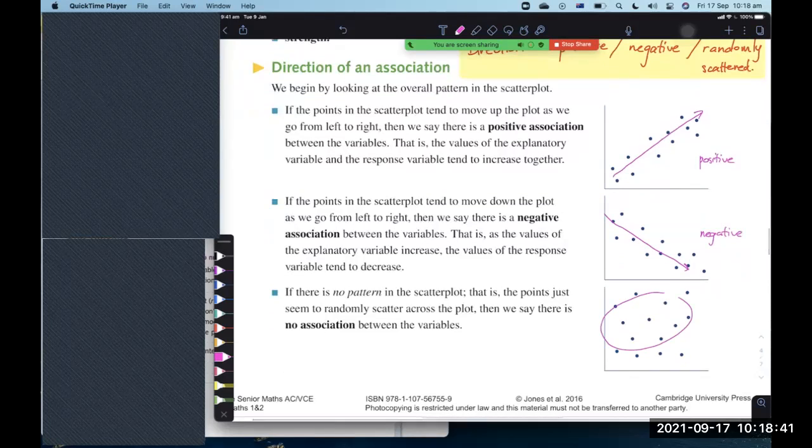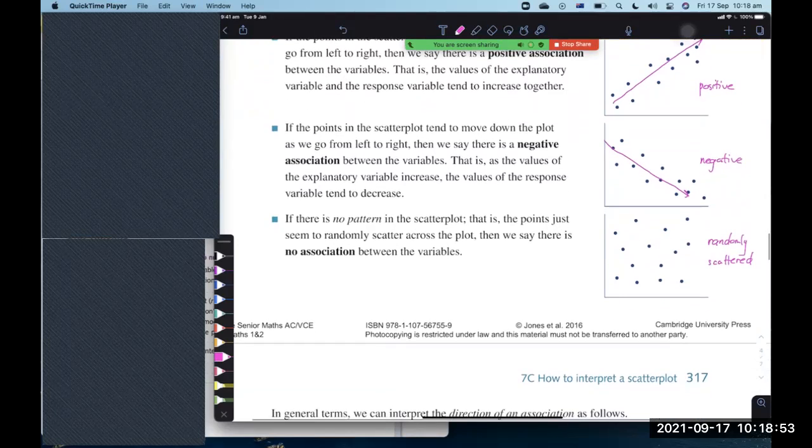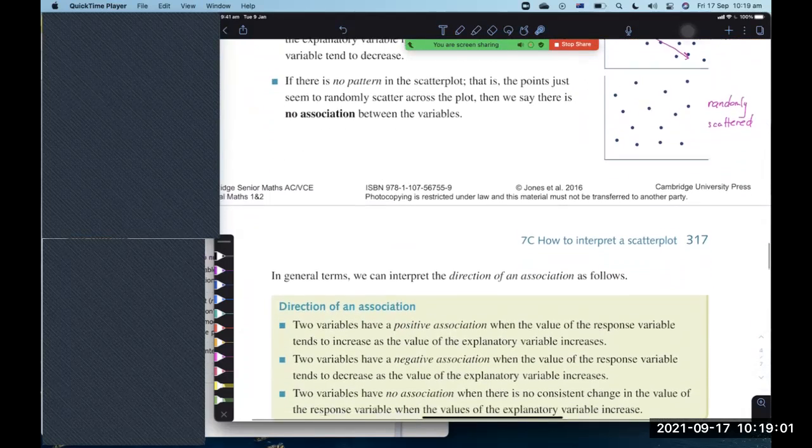And in this case, this is randomly scattered. That's why they call it a scatter plot. It's all over the place. Sometimes it can be ordered, sometimes it might not be ordered. See, the scatter here shows a pattern, so that's somewhat ordered.